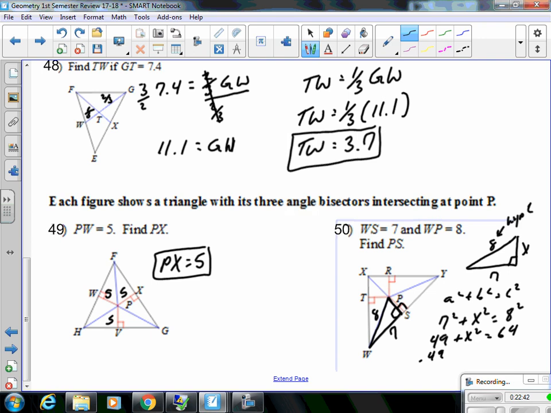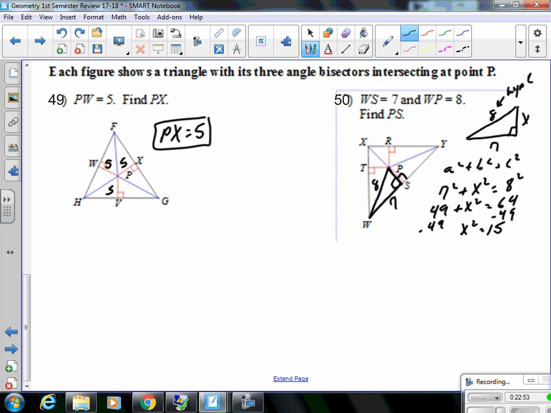Subtract 49 from both sides, and x squared is going to equal 15. Take the square root of both sides. So x is equal to the square root of 15, which that radical doesn't simplify any, so x equals square root of 15. So that completes the review.